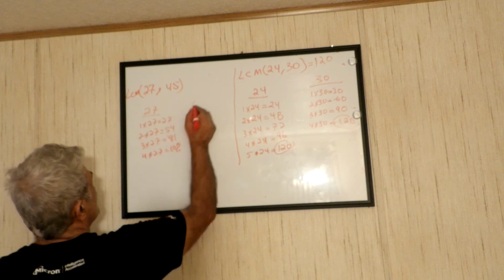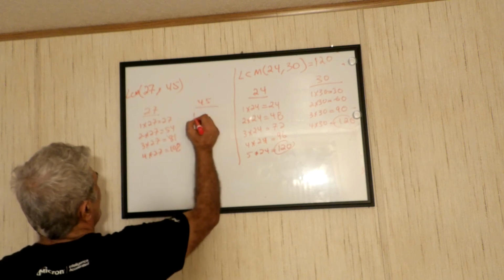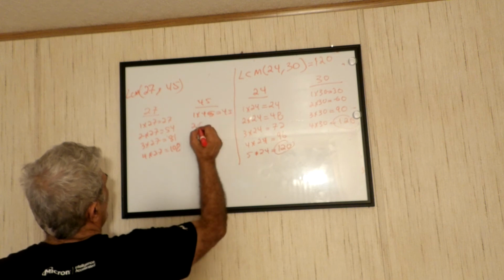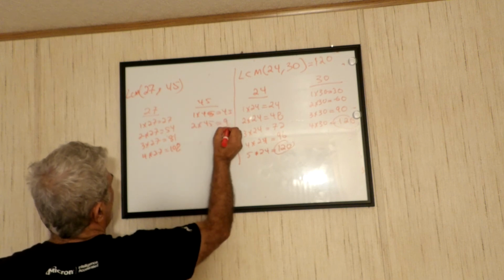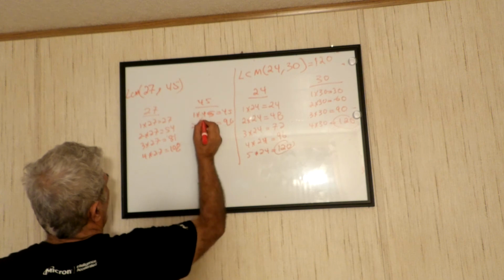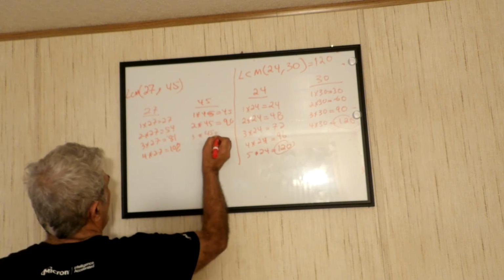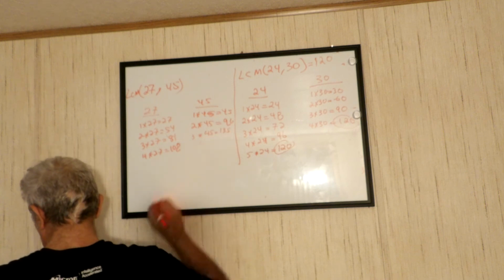And now 45. 1 times 45 is going to be 45. 2 times 45 is equal to 90. 3 times 45 is 135.